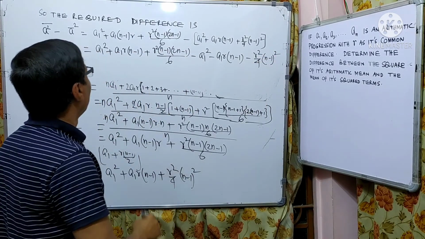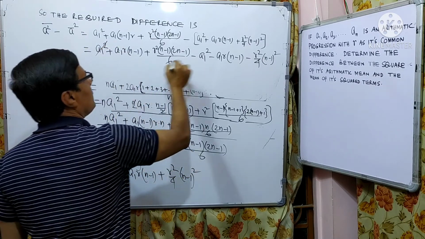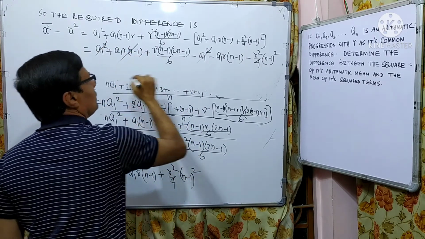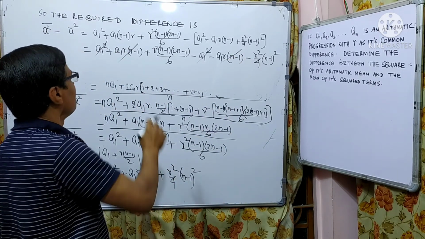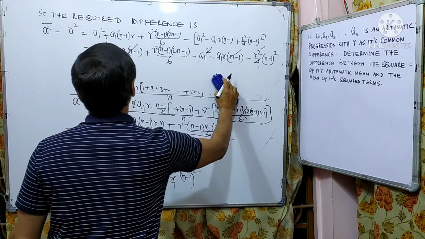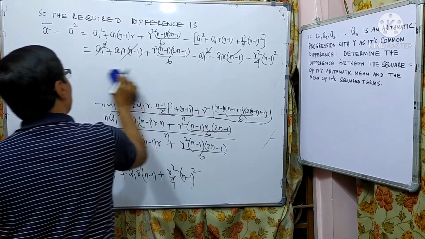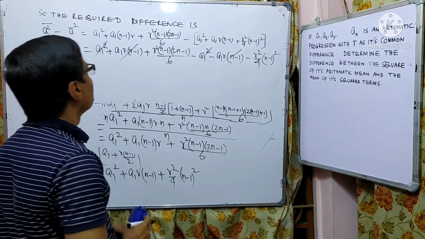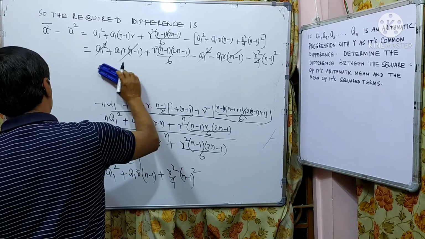We can cancel out a1 square and a1 into r into n minus 1. Two terms remain.